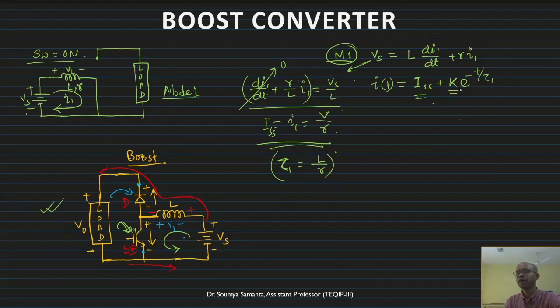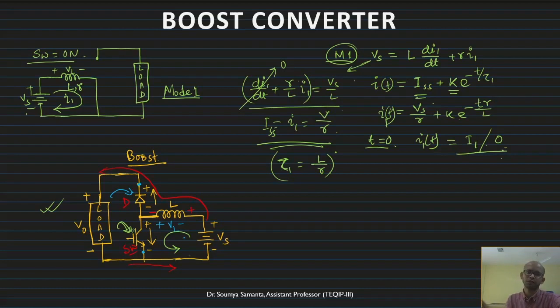Now how do we find K? We can find K from the initial condition. So let us put the value: I1(t) equals Vs by R plus K into e to the power minus t times small r by L. Now if we consider t equals 0 at the initial condition, what is I1(0)?